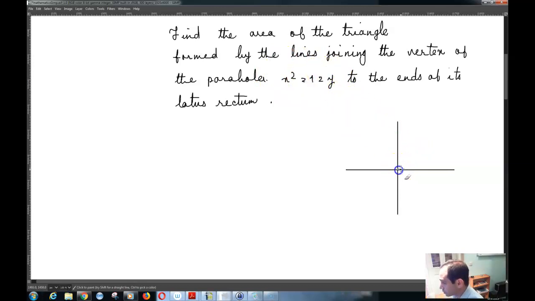This one opens upwards, because you have x squared over here, so it is along the y-axis, and this is positive, so it opens upwards.